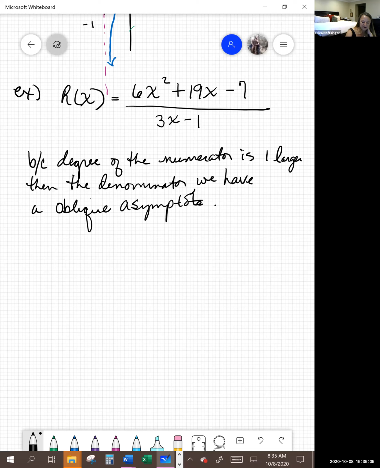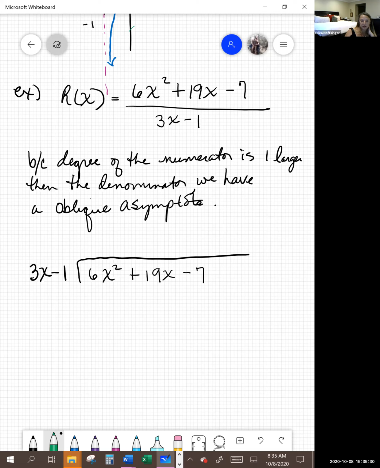So we're looking at our divisor, what we're dividing by, which is 3x minus 1. Put it out here. And we're dividing into the numerator, the dividend, which is 6x squared plus 19x minus 7. When doing long division, we're just looking at the first term right now.